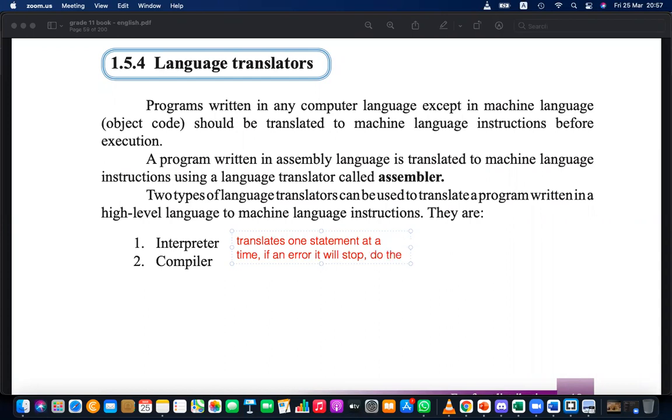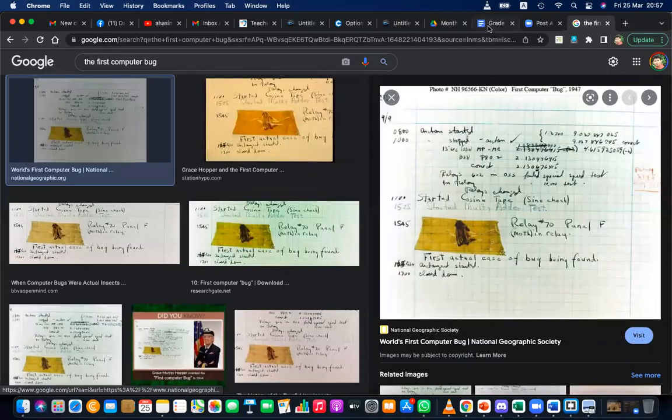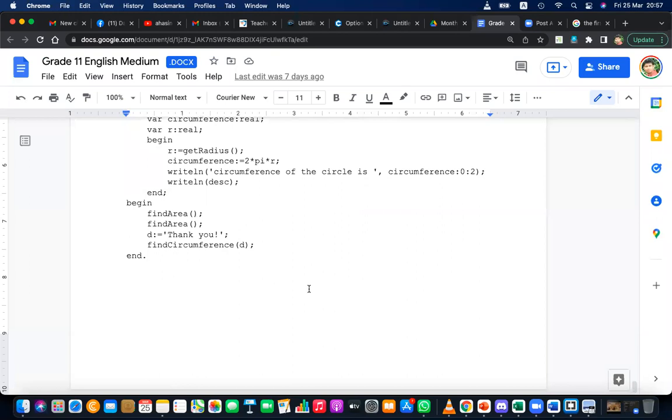It does the translation always when we run the code. I'm not preparing any notes, but for this part I would like to give you this note. Let me add this to the end of your notes, so you can write down the same thing.